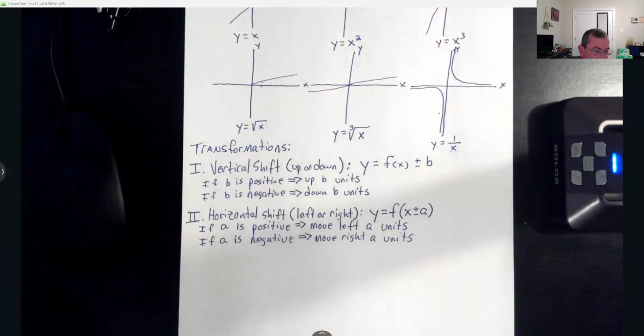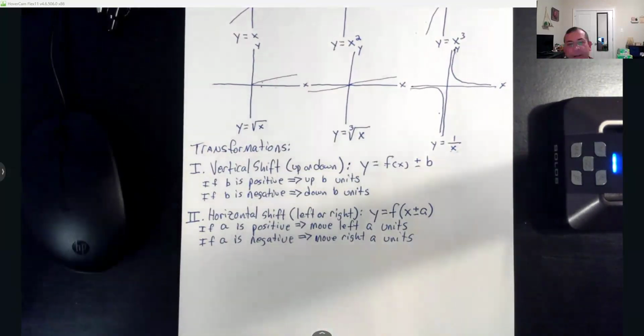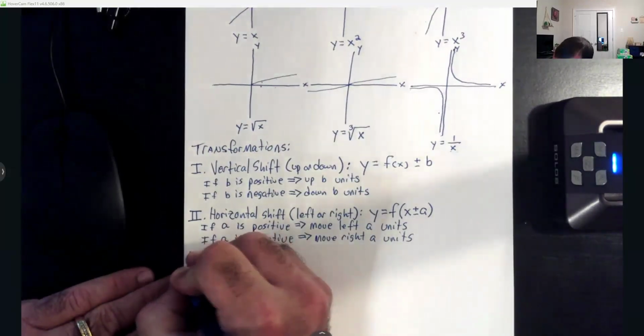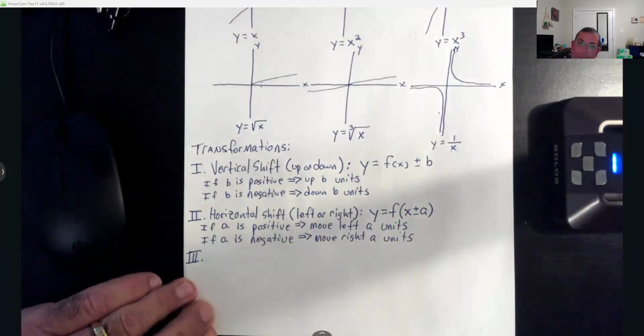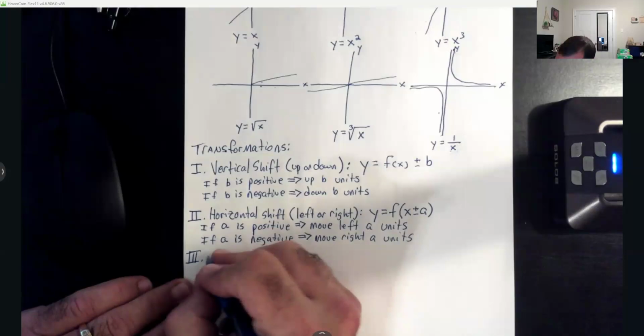All right, so we had one more transformation we'll look at. And this is a reflection over the x-axis.